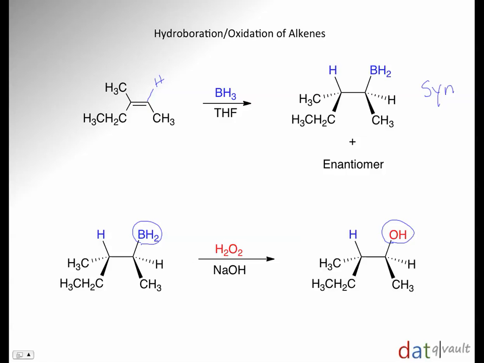Also notice that once we do the oxidation step of this reaction, we get retention of stereochemistry and we do not get inversion, which means the alcohol is still going to be syn to the hydrogen that we previously added. So there's no inversion of stereochemistry between this molecule up here and our final oxidized molecule.